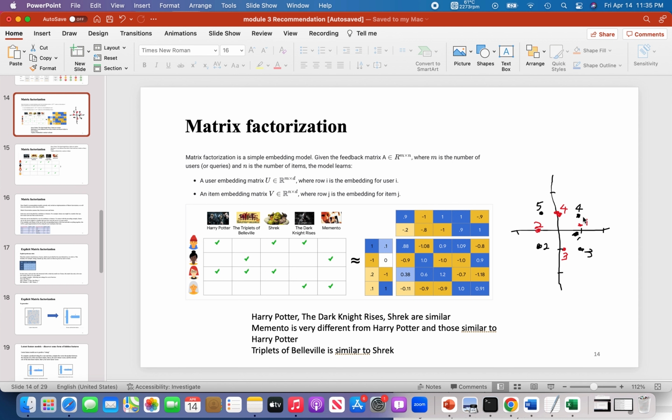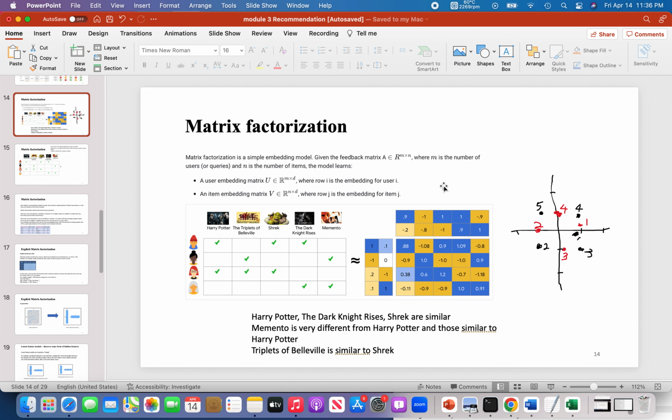Here the black dots reference each of these movies in the space. The idea is that movies that are similar should be relatively close to each other, and movies that are very different should be far away.